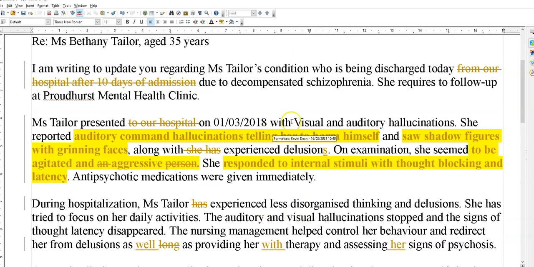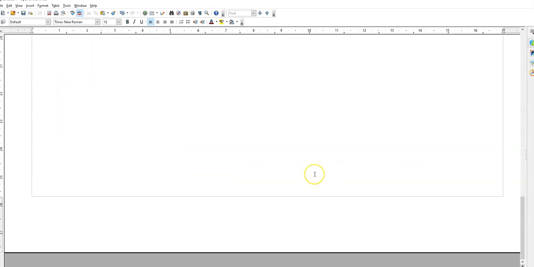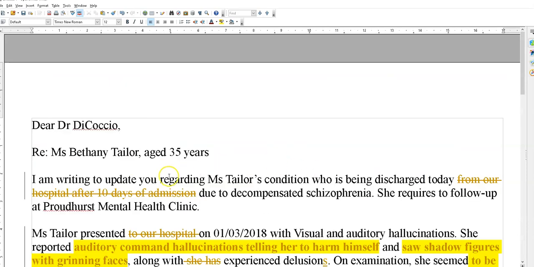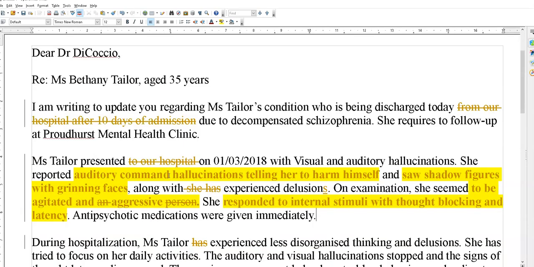And there was really no need for all this detail, because you mentioned that she had visual and auditory hallucinations, and then she reported it's basically saying the same thing twice. So, not too bad, but I think it needs a little bit of work before you can get a B grade. I think it needs a little bit of attention. Okay, hope that helps. That's letter number 26.